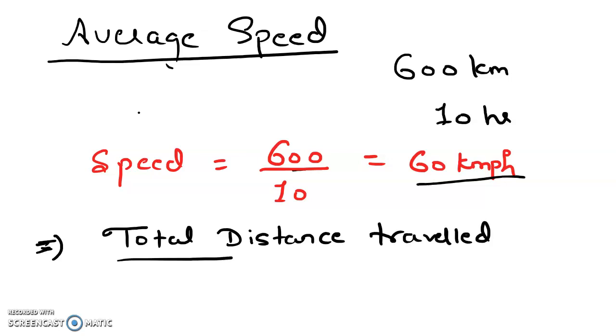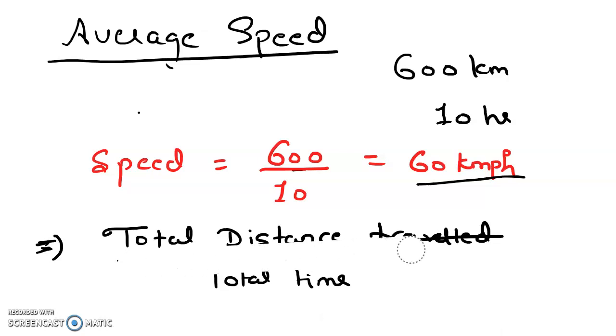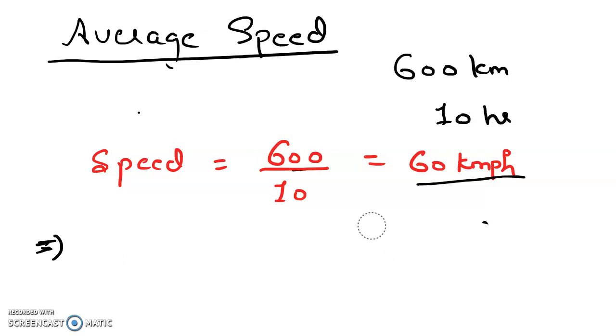So whenever you are taking some time interval, you are talking of average speed. In this case, it was the average speed, not your real speed, or not your any-moment speed. So that is the average speed.